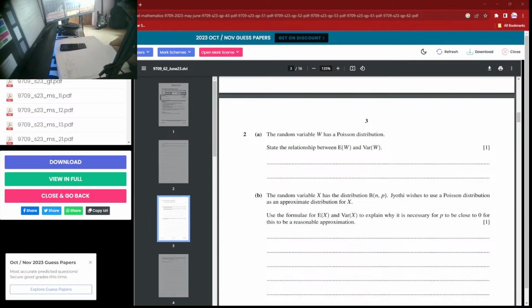So why does p have to be close to 0? E(X) and Var(X).